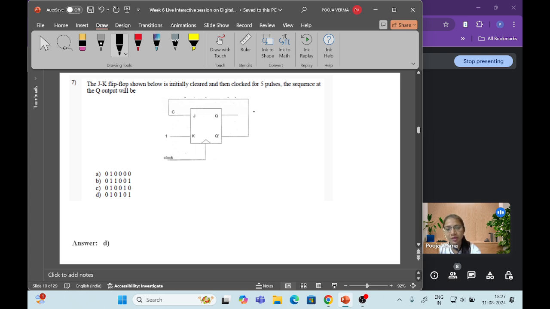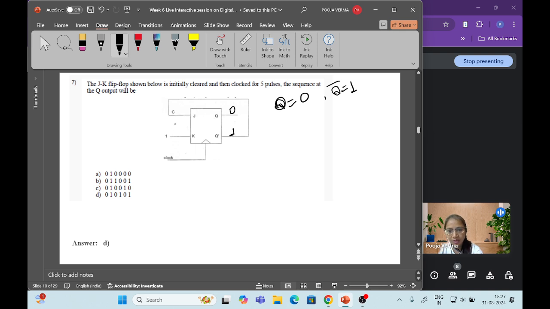Then what will be the sequence of Q? Initially Q is 0, right? And Q dash will be 1. So in the JK flip flop, it is 0 and it is 1 initially.